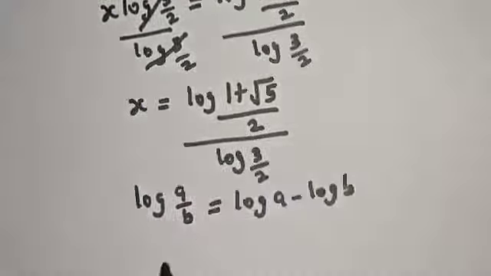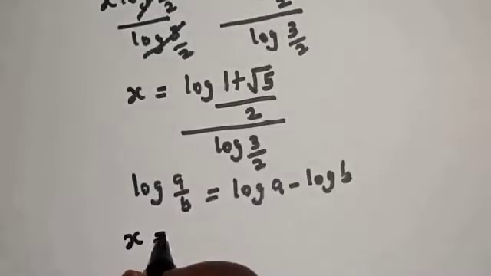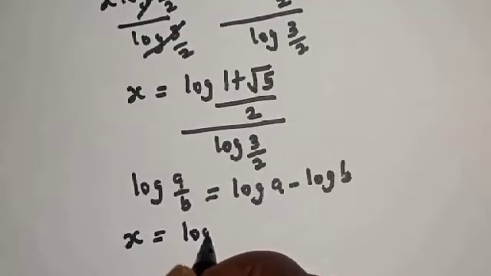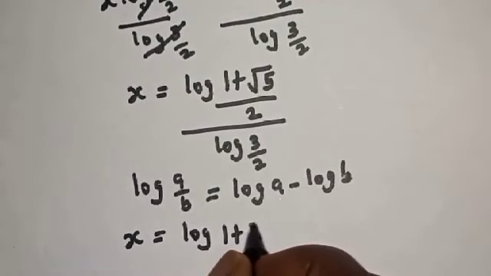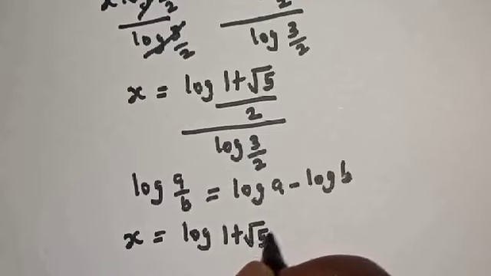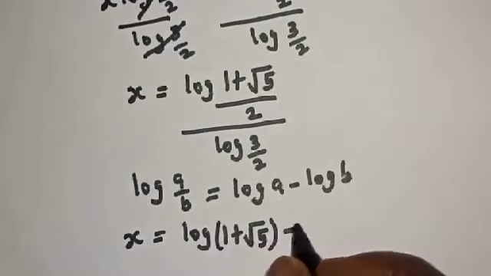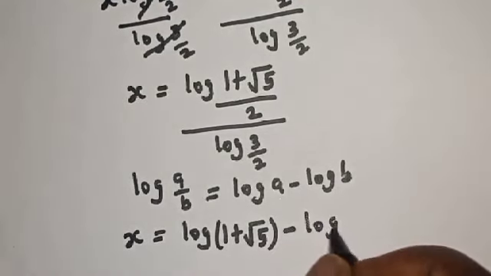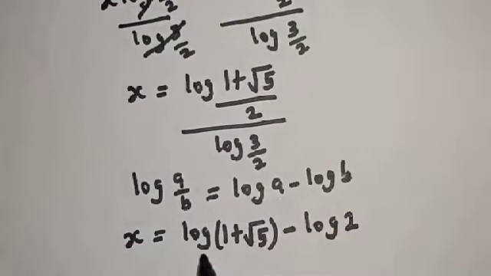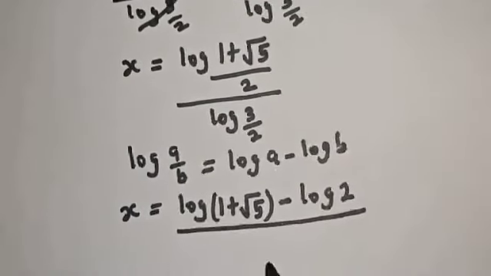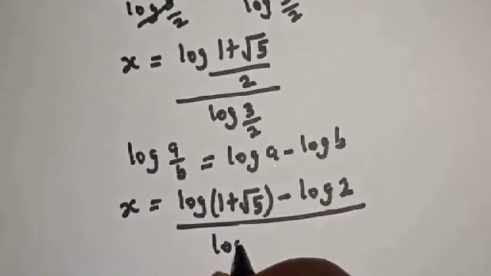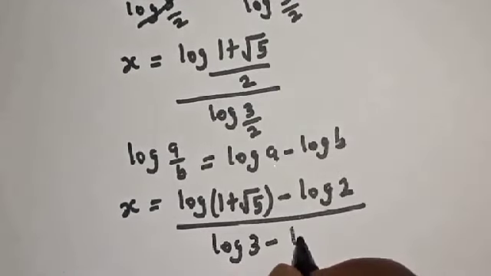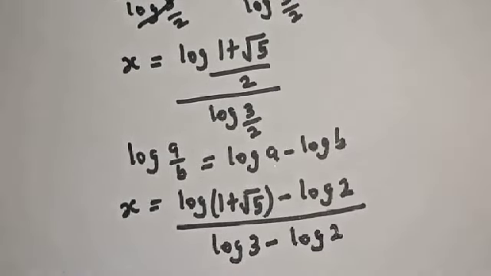So this becomes x is equal to log 1 plus root 5 minus log 2 divided by log 3 minus log 2.